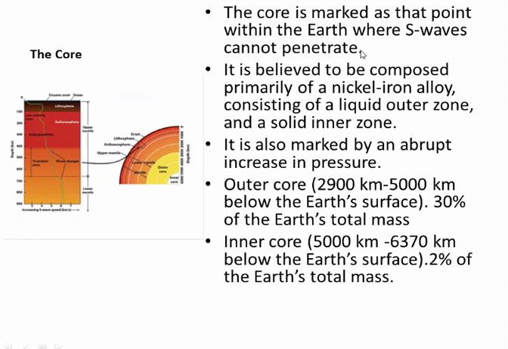Of all the three layers, the Earth's crust, the mantle, and the inner or outer core, what distinguishes the core from the other two layers is the fact that the seismic S wave, which we call the shear wave, is not allowed to reach that layer.